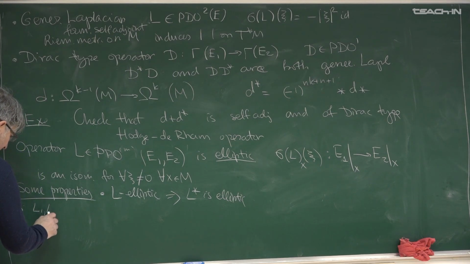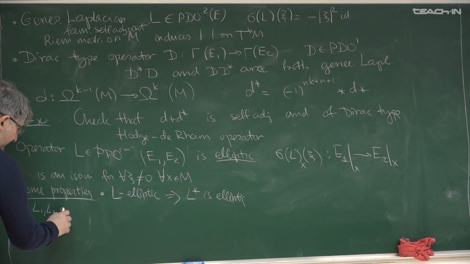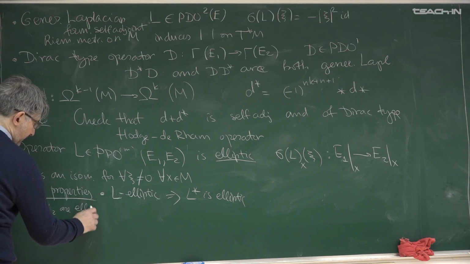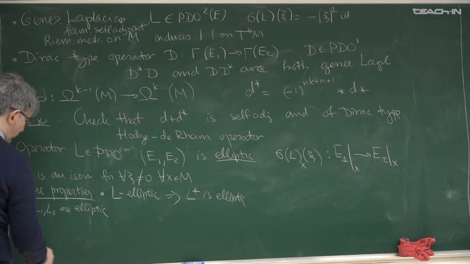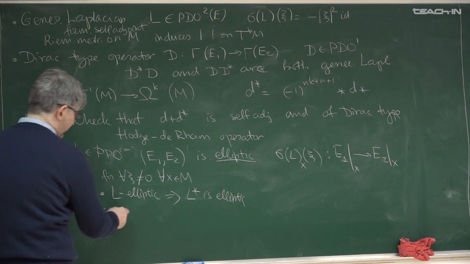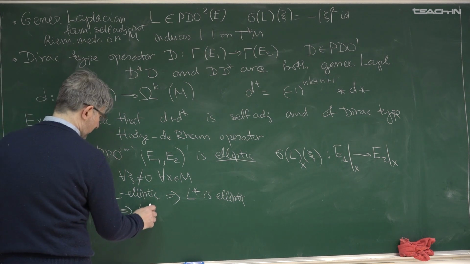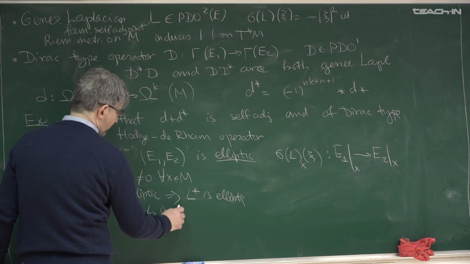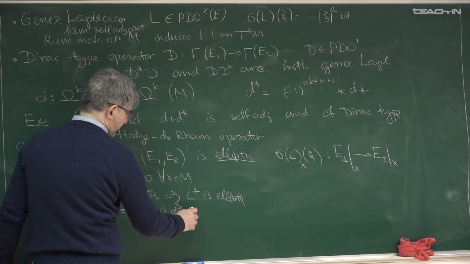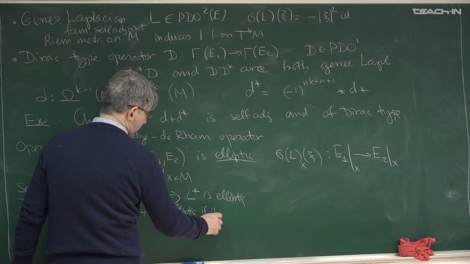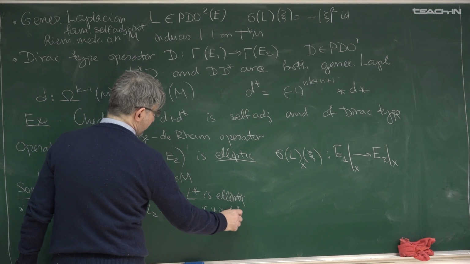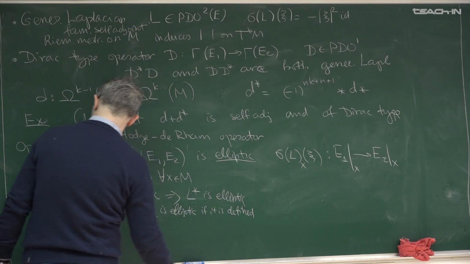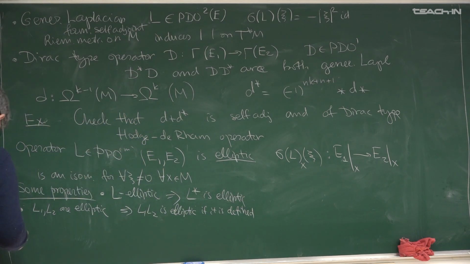If L1 and L2 are elliptic, and we assume that we can form a composition, then L1 L2 is elliptic, if it is defined. Next, this is a very interesting thing, but more or less obvious.